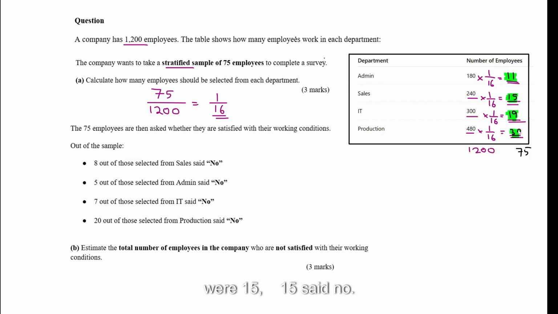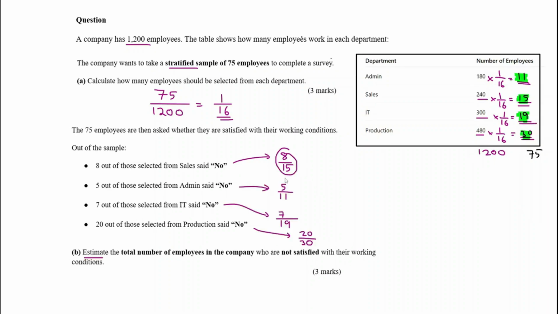There were 15. 5 out of those selected from admin said no. So 5 out of 11 said no. 7 out of 19 said no. And finally, 20 out of 30 said no.